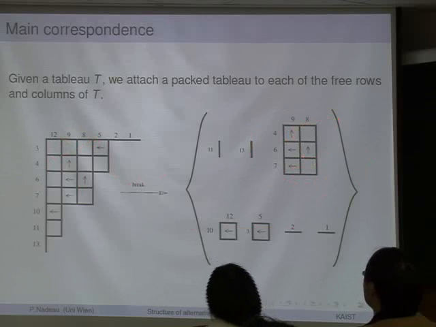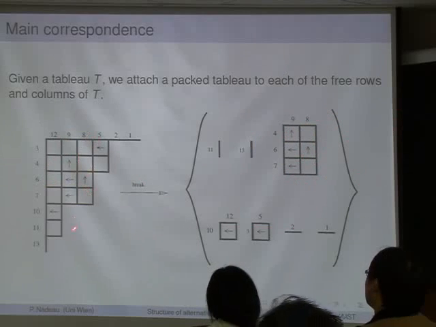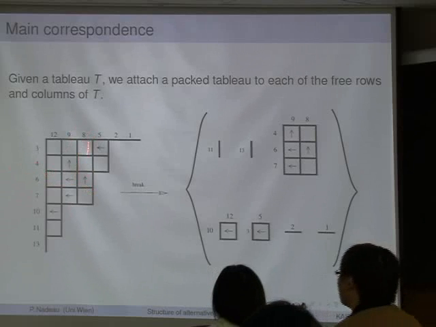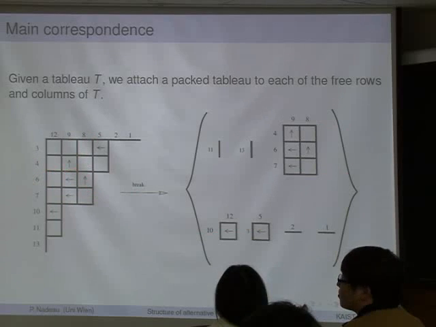You just keep the cells that are at the intersections of one of these rows and one of these columns. So you keep an arrow if there's an arrow, and you leave it empty if it's empty. I will probably do some other examples so it will be more clear.